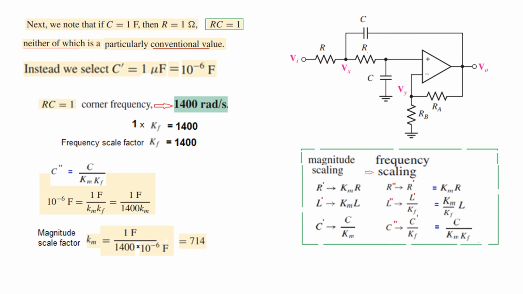And now that we have Km, we can find the new R by multiplying the old R. So new R is Km into R, 714 into 1, since we had assumed R to be 1. So this is the new resistance, 714.